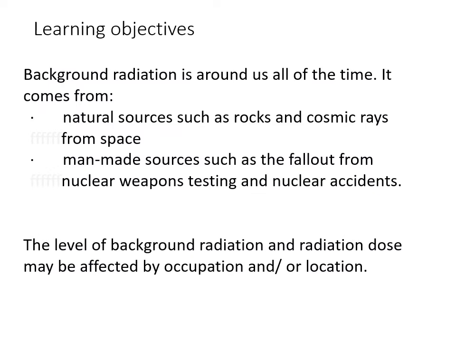By the end of this lesson, we should know that background radiation is all around us all the time, and it comes from natural sources such as rocks and cosmic rays from space, man-made sources such as fallout from nuclear weapons testing, nuclear accidents, and even medical investigations. The level of background radiation and radiation dose may be affected by your occupation and or location, where you live, where you work.